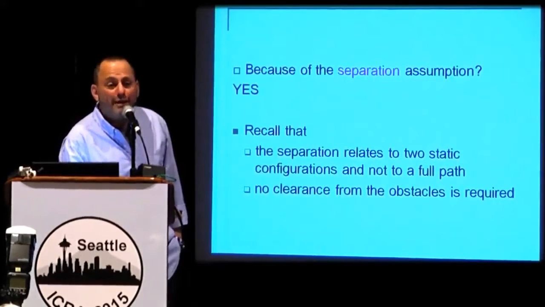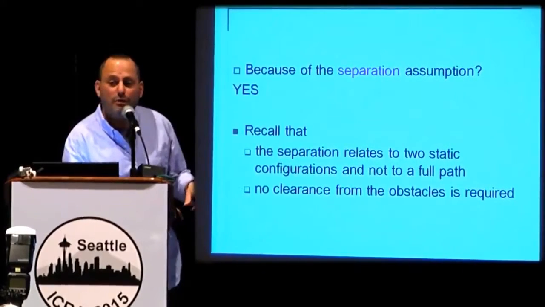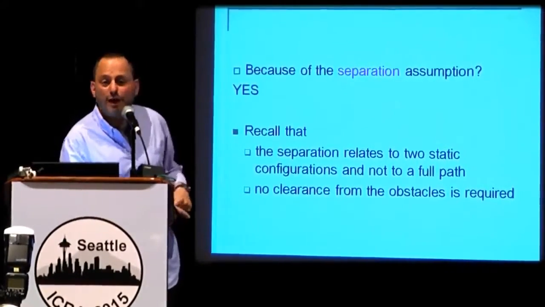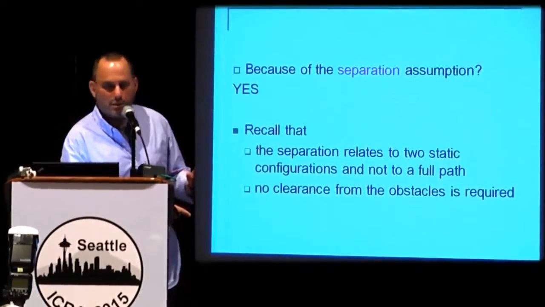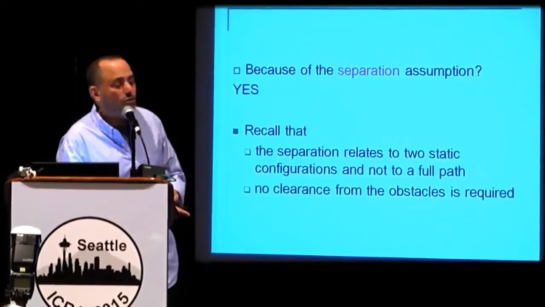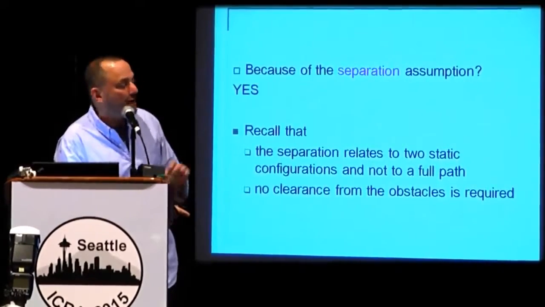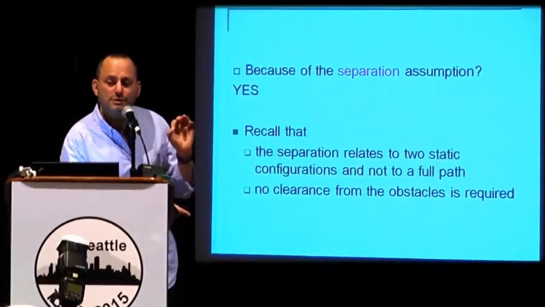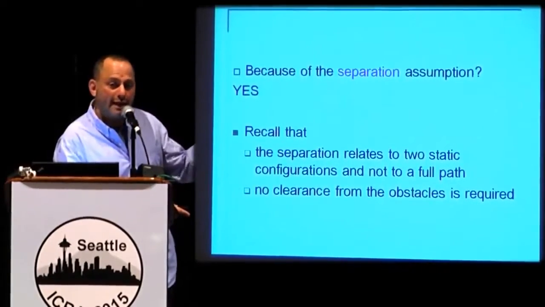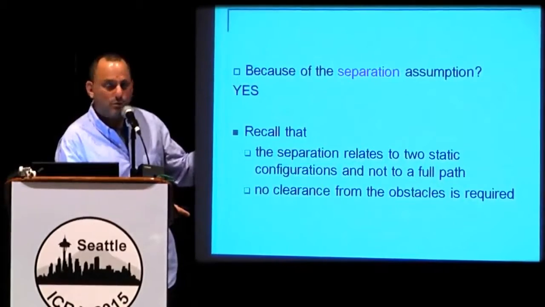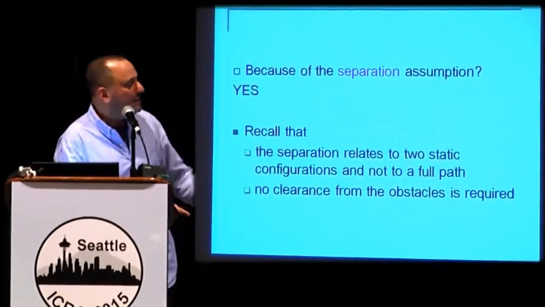Now, you may think that I got back to square one, to the sleeve required by sampling-based algorithms, but I argue that this is not the case. First of all, notice that the separation refers only to 2 static configurations, the start and goal. I don't say anything about the path. I don't assume anything about the path.